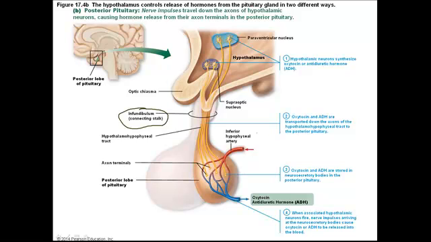Here's what happens. The hypothalamic neurons synthesize oxytocin or antidiuretic hormone. Those are the only two hormones. You don't need to know these nuclei here, supraoptic and paraventricular. They each secrete a different hormone, either oxytocin or antidiuretic hormone.